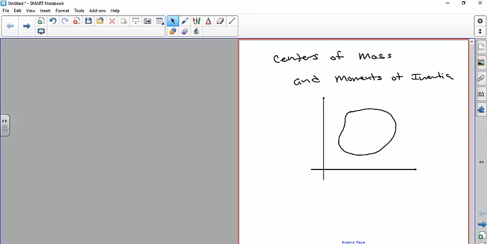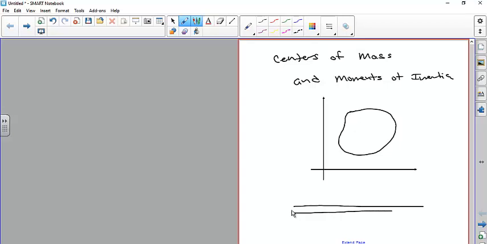The center of mass we talked about in physics, when we were looking at beam problems. If the beam was uniform, we said the center of mass was in the middle, and we could do the Newton's second law problems, assuming that the weight of the object was applied at the center of mass.